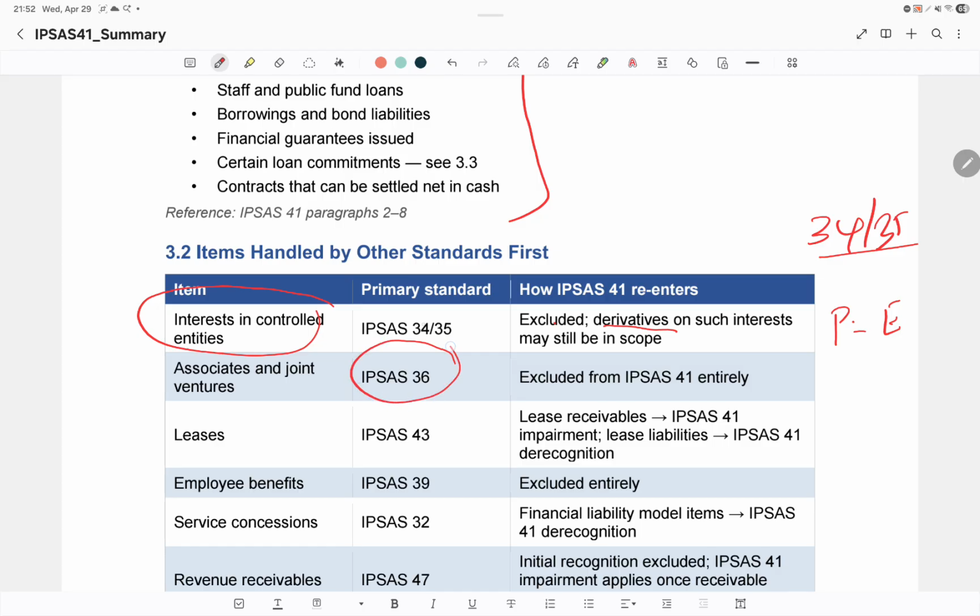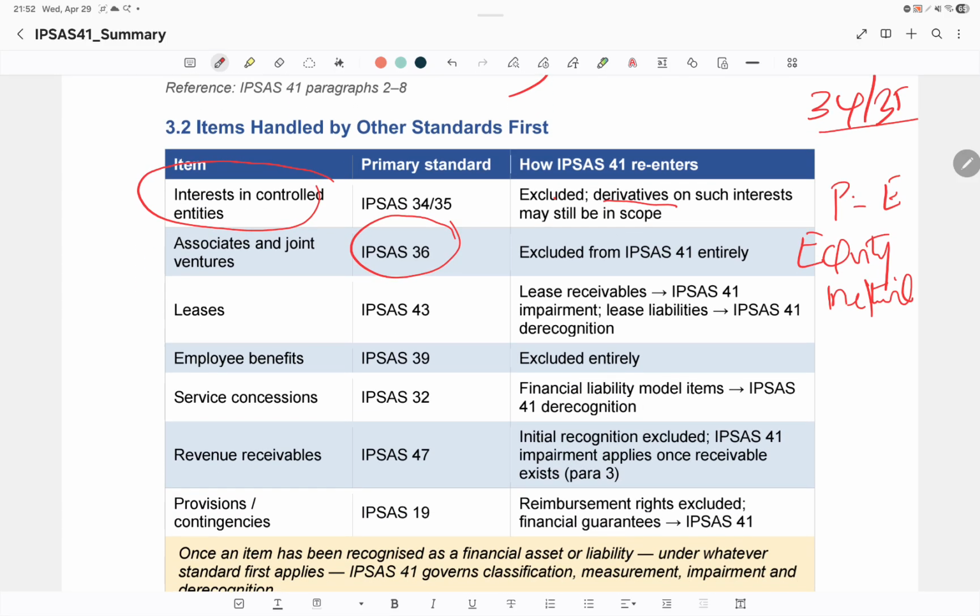IPSAS 36 is excluded from IPSAS 41 entirely because we use what we call the equity method. It talks about significant influence, which I don't want to discuss today, but it's a way of calculating those in the books of the holders of such associates and joint ventures.